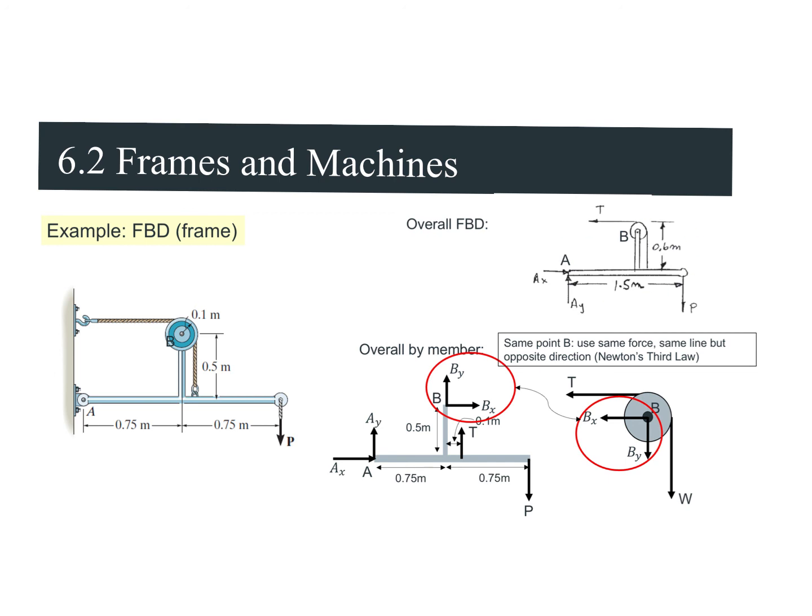And then after that we distribute into section by section. So for this one we have to come up with the multi-force member FBD as well as the pulley FBD. Same here, we have to apply Newton's third law.